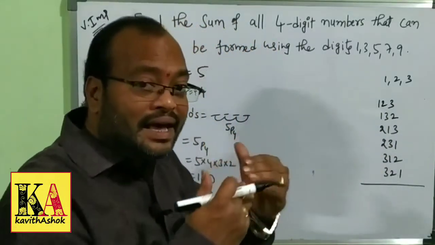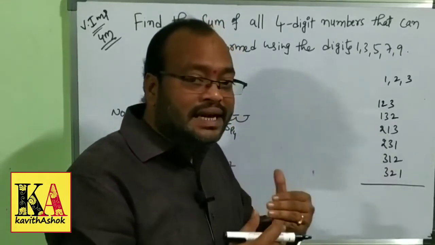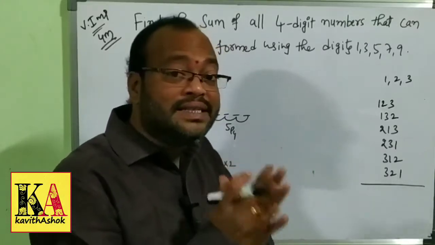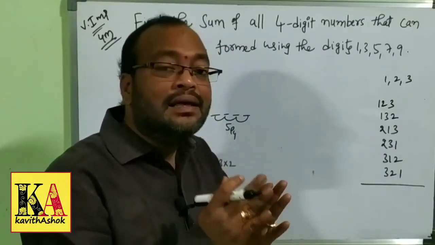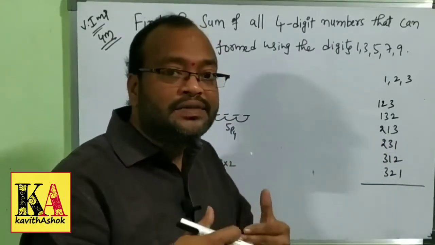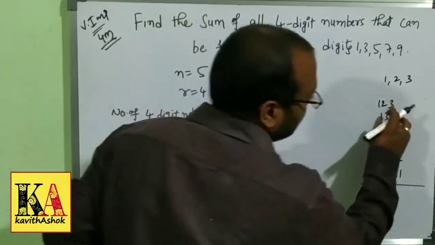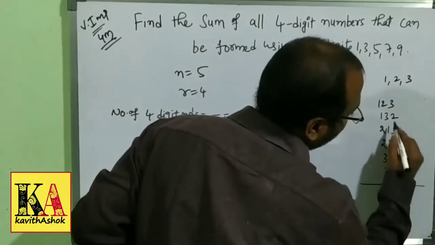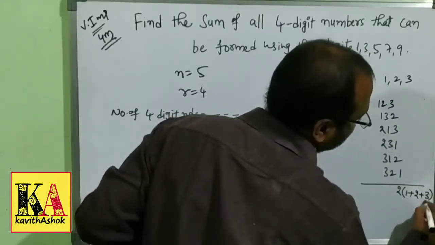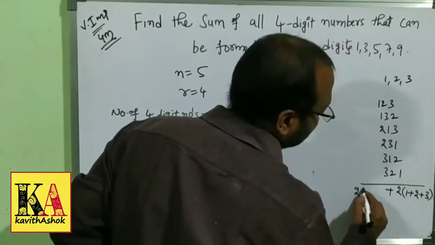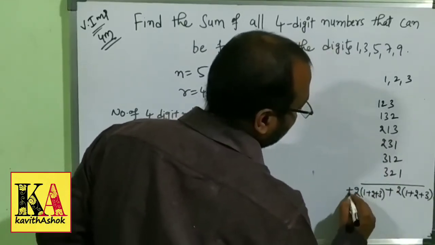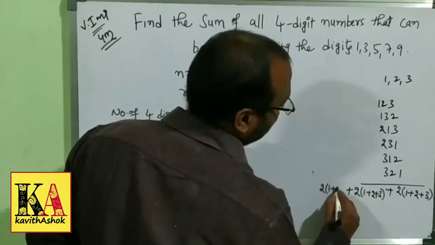Means anywhere, in the unit position, 10th position or 100th position, the sum value is the same. The only difference is, face value is the same, but according to the place value, the answer will change. So two times 1 we can get, two times 2, two times 3.